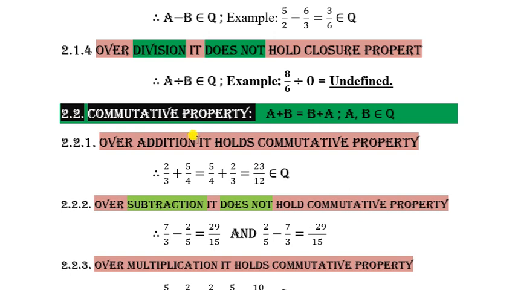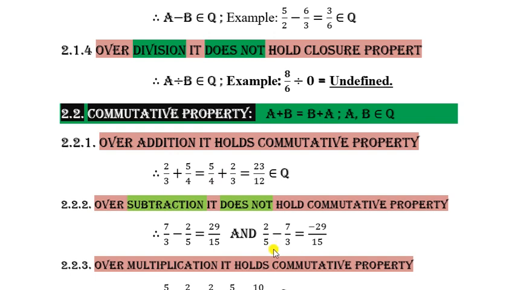Over addition we can check: 2 by 3 plus 5 by 4, and again I have changed the places, 5 by 4 plus 2 by 3, but the result is the same, 23 by 12. That means over addition it holds commutative property.